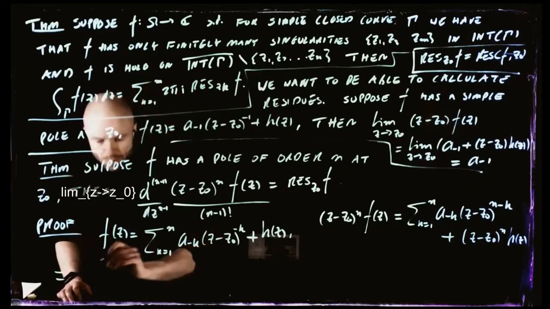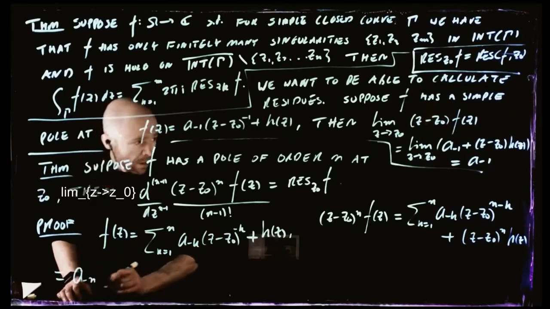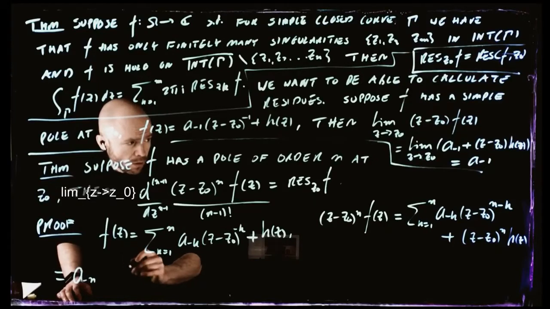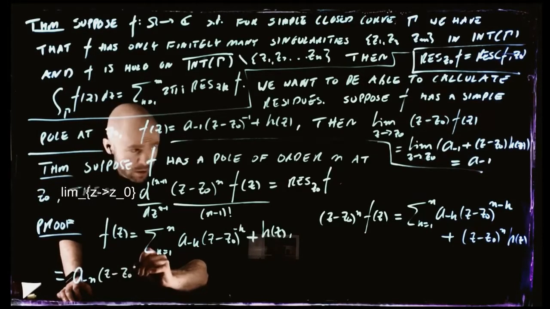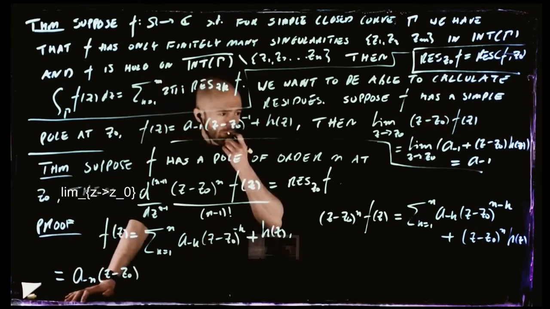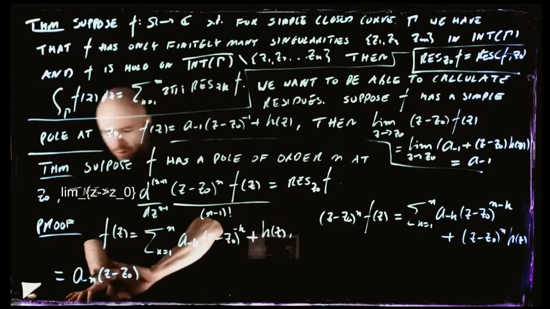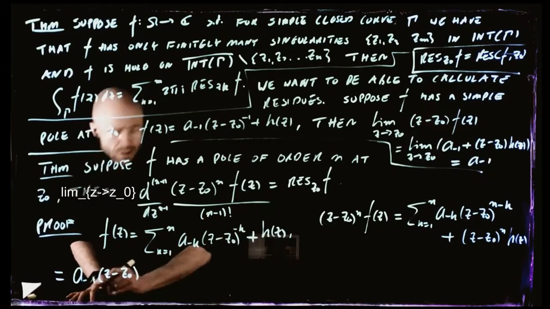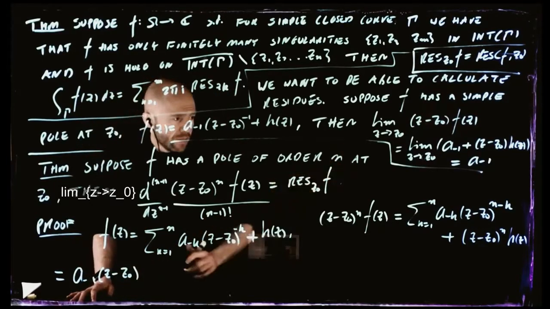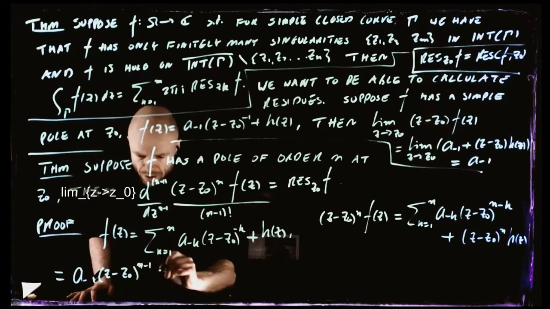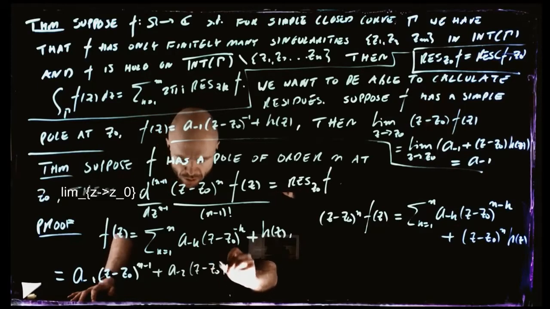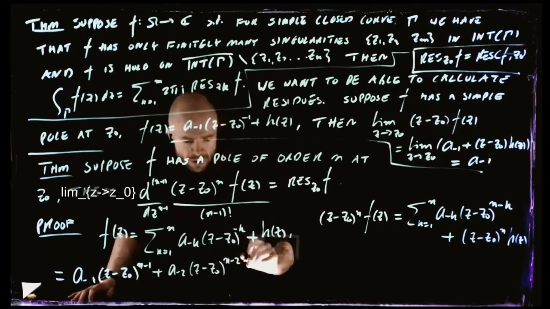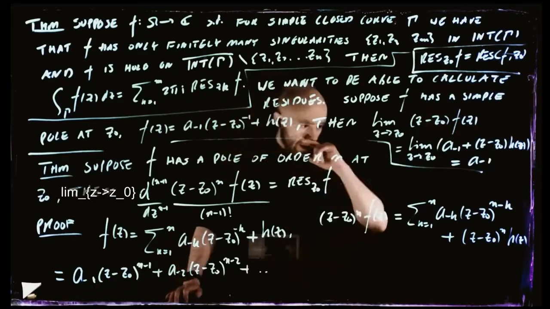What do we have? So we have a_{-n}, and then now let's start it from a_{-1}. So we have a_{-1}, and then we have (z minus z0) to the n minus 1, and then we have a_{-2}, (z minus z0) to the n minus 2, and so on.